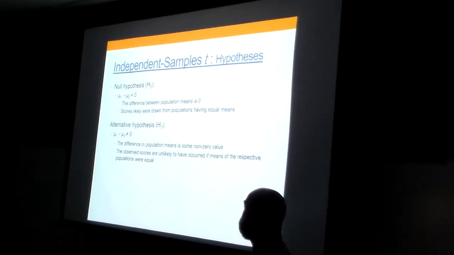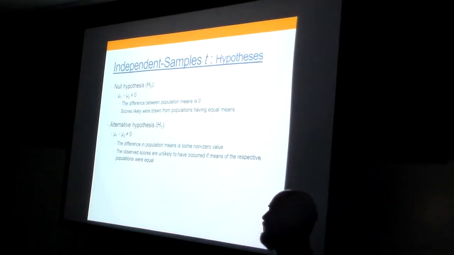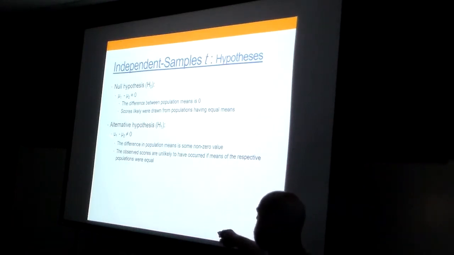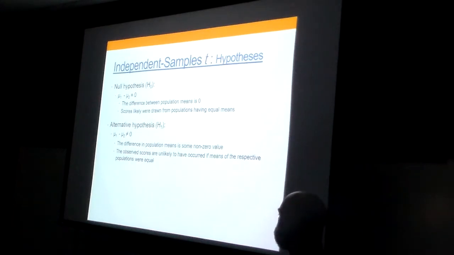What's implied here is that scores will likely be drawn from populations having equal means, or probably with similar means, right? But our alternative hypothesis is mean 1 minus mean 2 is not equal to 0. For our two-tailed test, we're saying that the difference in population means is some non-zero value, right?